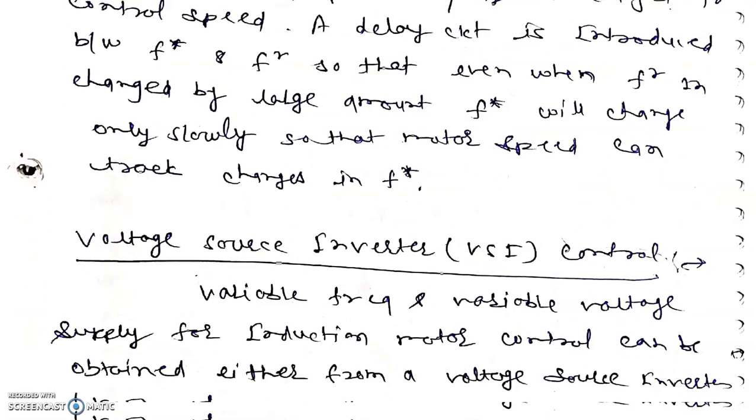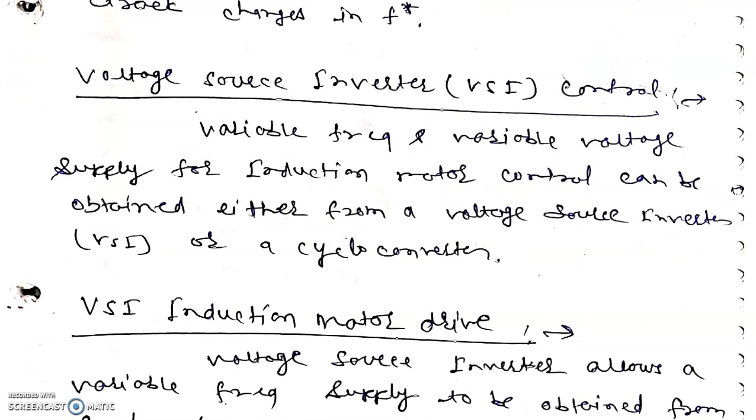Now, how can we obtain the variable frequency and variable voltage supply? Based on that, the next scheme for speed control of induction motor drive is the voltage source inverter, VSI, control.